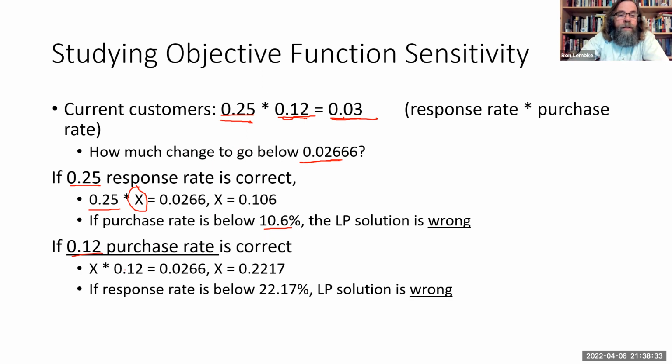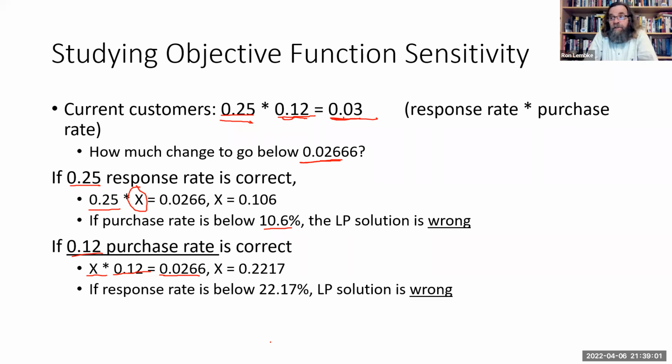So again, now X is going to be, instead of 25, what would it be? If we leave the 12% as correct, and we want the product to be 0.0266, we solve for X, so X is 22.17. So if instead of 25, it's 22.2 or 22.1, what we're doing is the wrong thing.